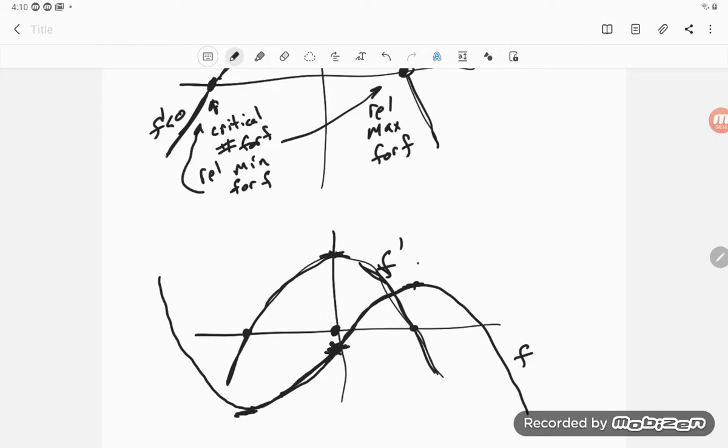Right in here somewhere is an inflection point. I think I'm making that work okay. And as I look here, these are all positive slopes and these are all negative slopes. And so f double prime looks something like that.